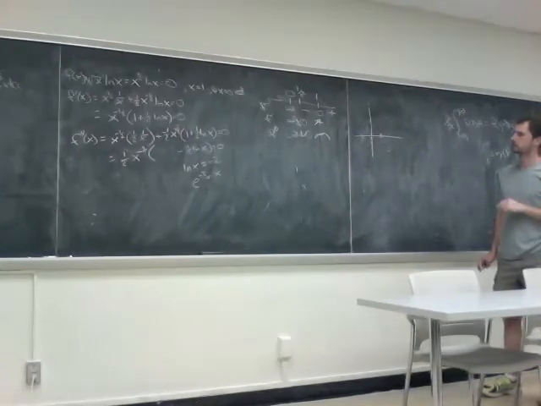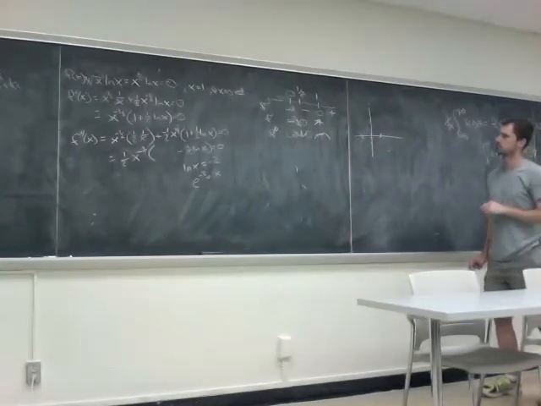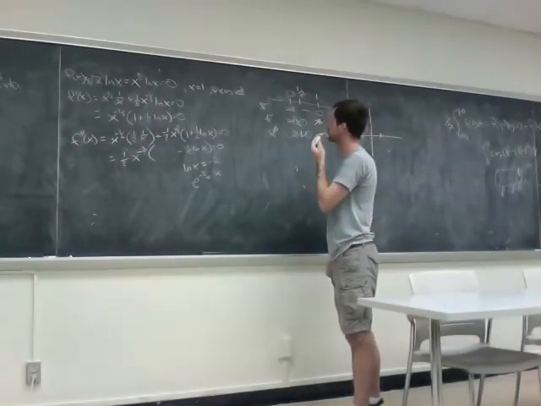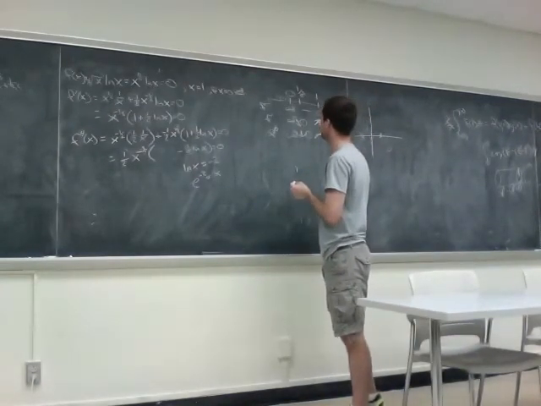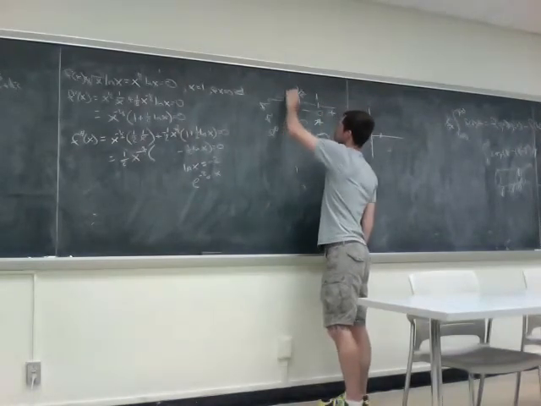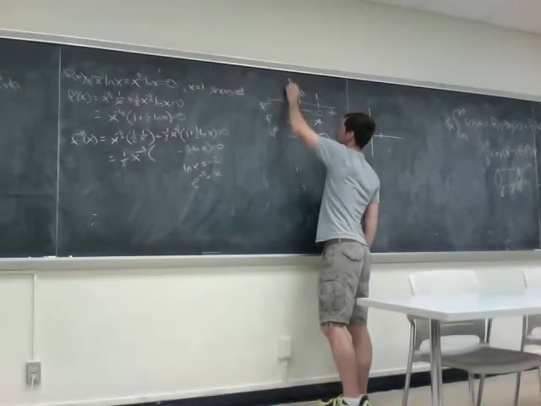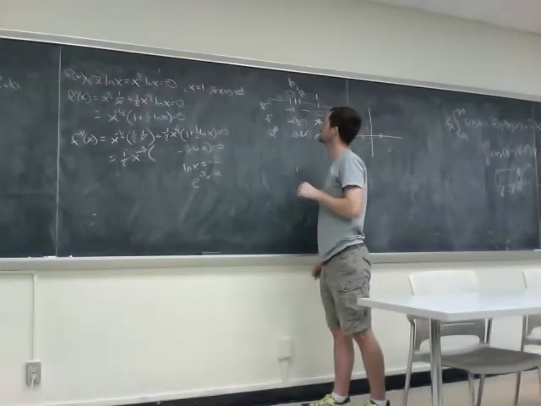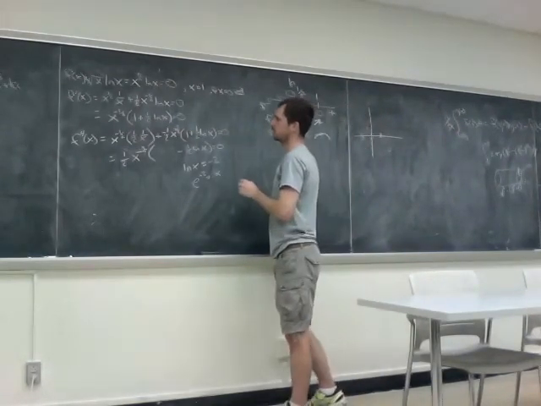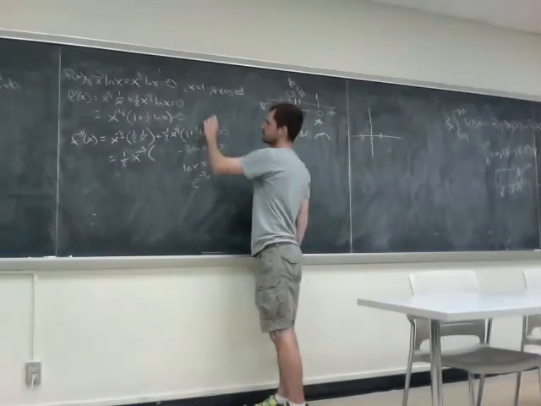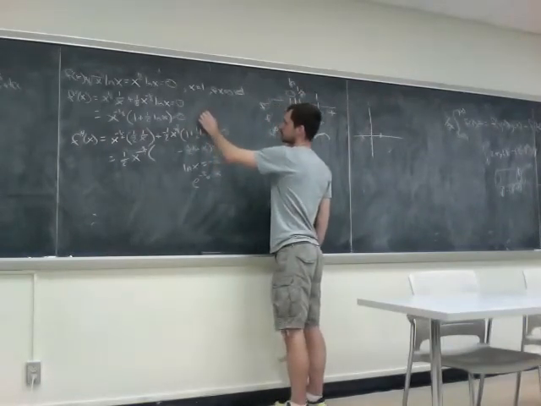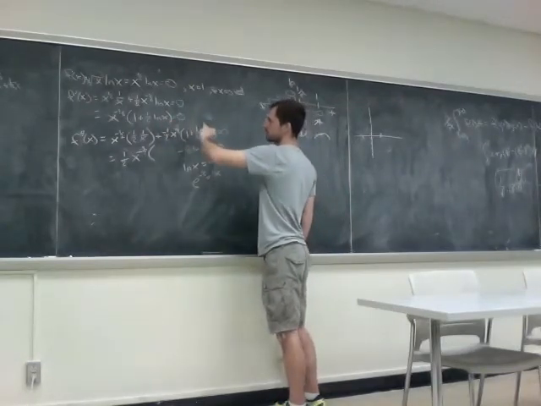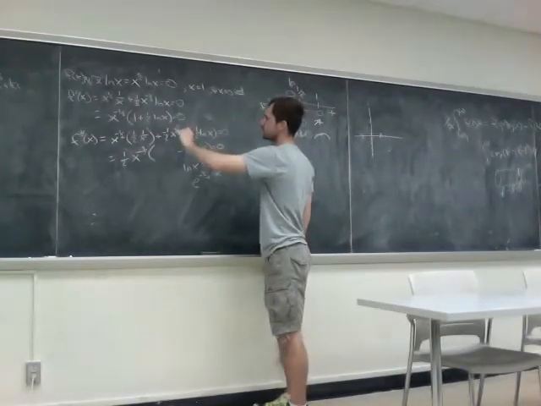I might have done this backwards. Let me check this a little closer. Sorry. I put in 1 over e cubed. If I put that in here, that part doesn't matter, it's always positive.